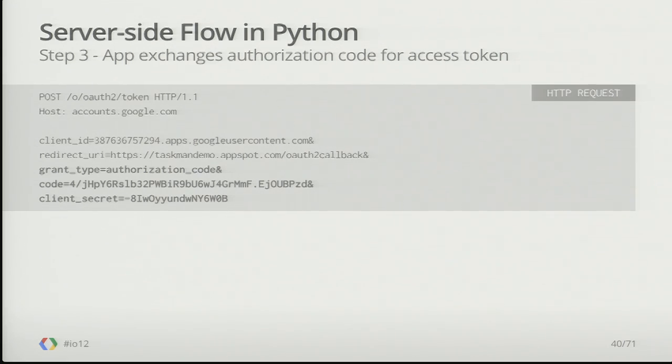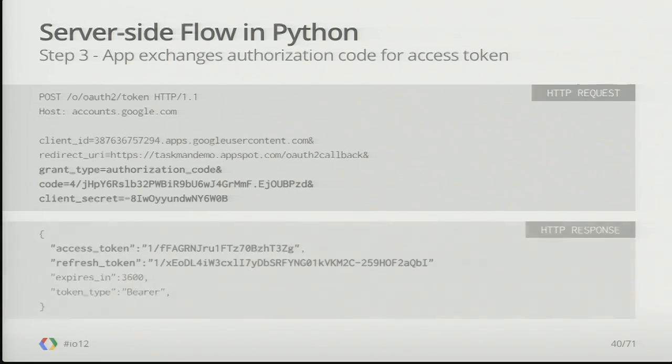The client secret, again, authenticates your application to the OAuth provider. And Google returns a nice little blob of JSON, looks something like this. And again, you have that access token and also the refresh token.